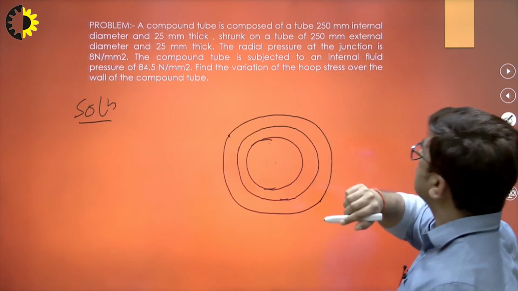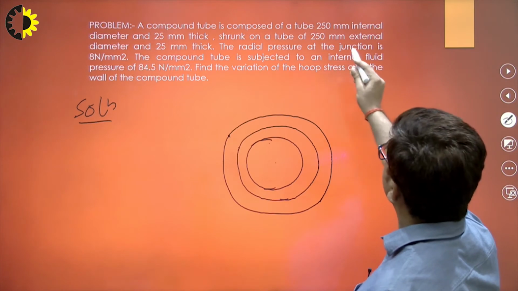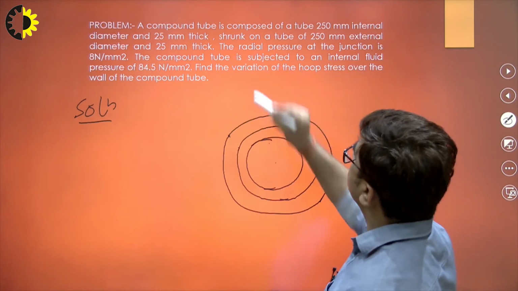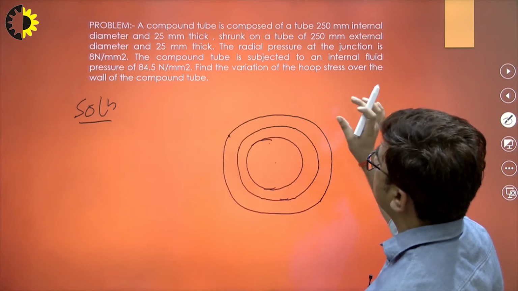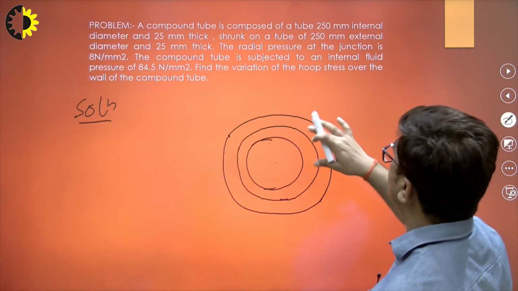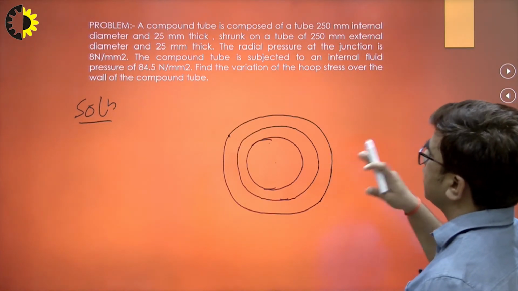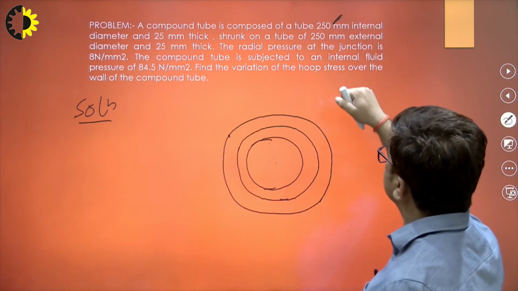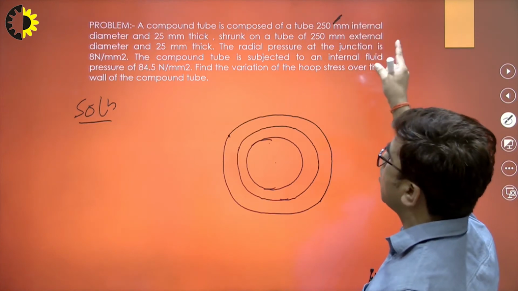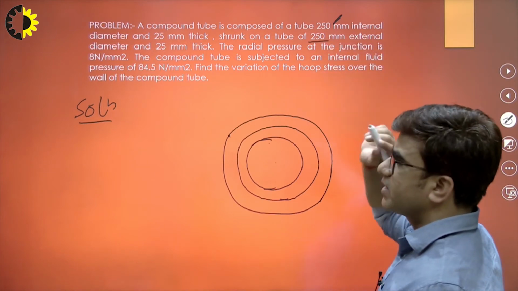If diameters are given, then we can find the radius. Here a compound tube is composed of a tube 250 mm internal dia and 25 mm thick, shrunk on a tube of 250 mm external dia and 25 mm thick. This dimension is the dia of the outer tube, and this dia is of the inner.